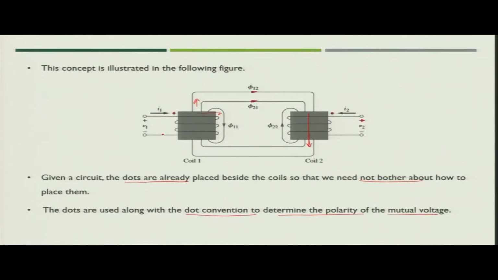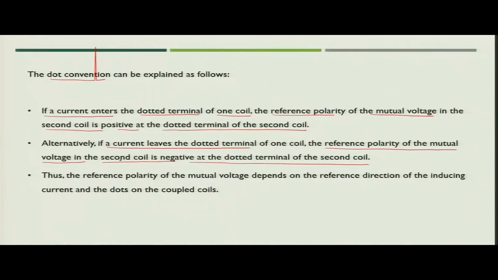So, suppose the direction of current is opposite and current is flowing from this side; in that case the polarity of the induced mutual voltage would be like this. That means the mutual voltage in the second coil will be negative at the dotted terminal of the second coil.